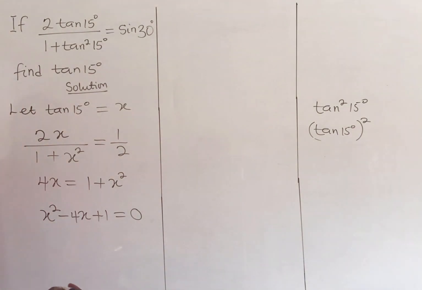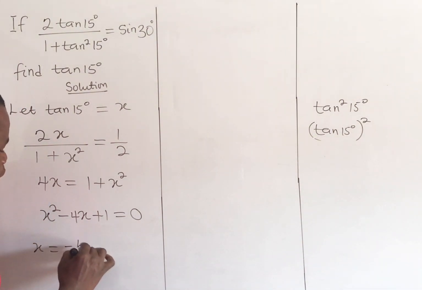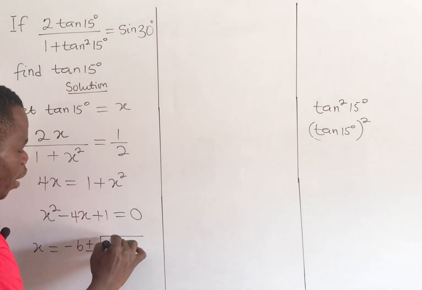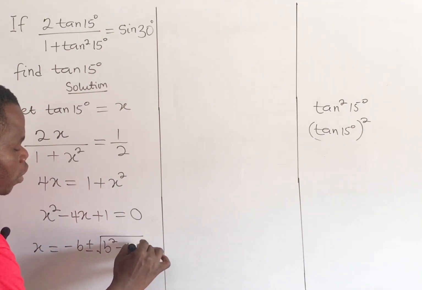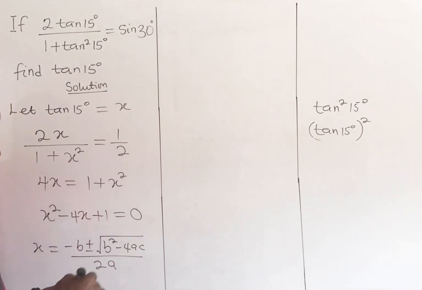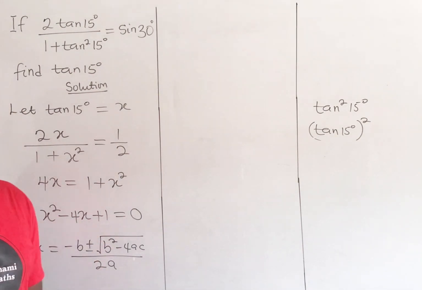And the quadratic equation formula is x is equal to minus b plus or minus square root of b squared minus 4ac all over 2a. This is the quadratic equation formula. Then we can now find our values of a, b, and c from this quadratic equation.